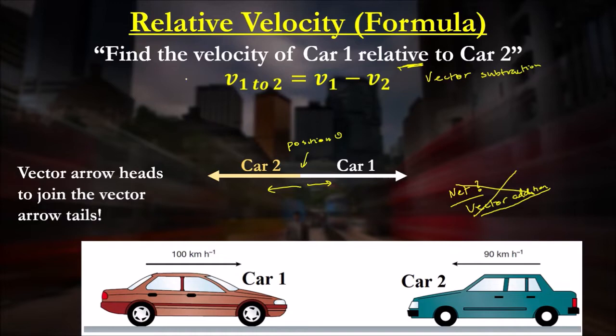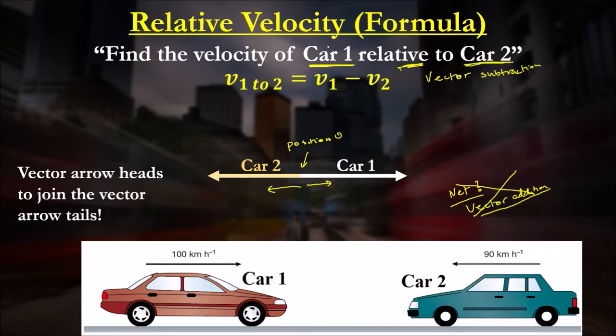When it comes to understanding what the question says, usually the question will start off with find the relative velocity of object 1 relative to object 2. So the thing you're trying to find is the velocity of object 1 based on the perspective of object 2.